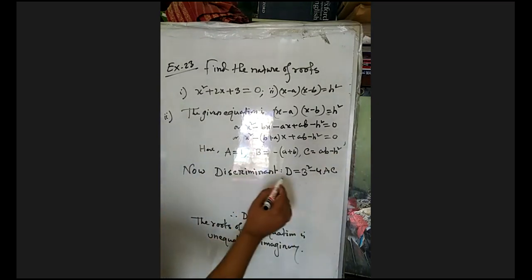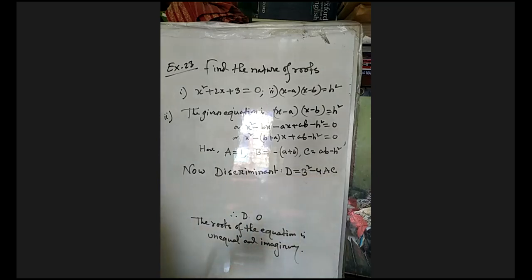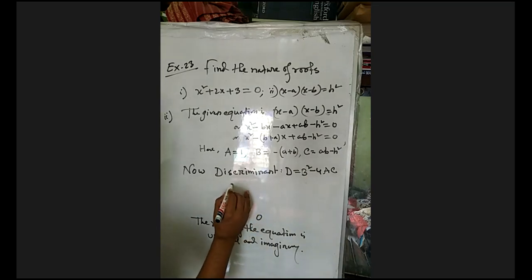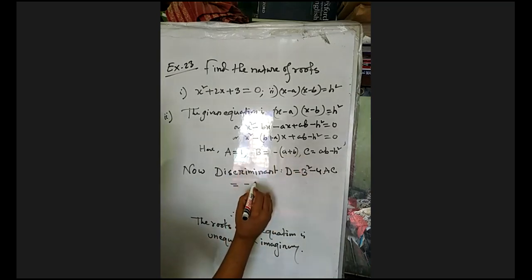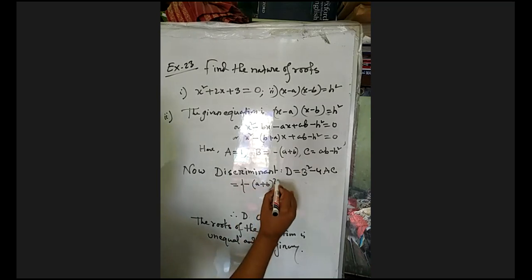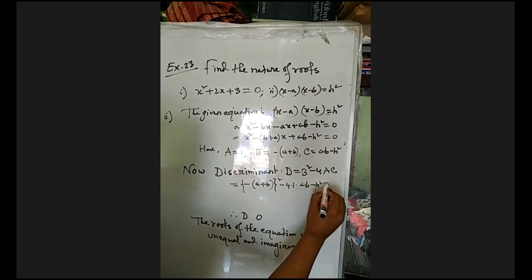Now the discriminant will be D equals to what? B square minus 4AC. This is the formula for the discriminant of a quadratic equation. Now putting the values of A, B, C from here, minus bracket a plus b whole square minus 4, A means 1, C means what? ab minus a square.